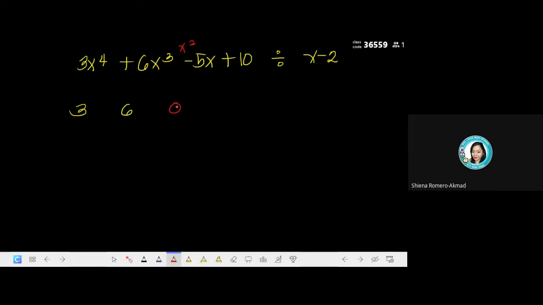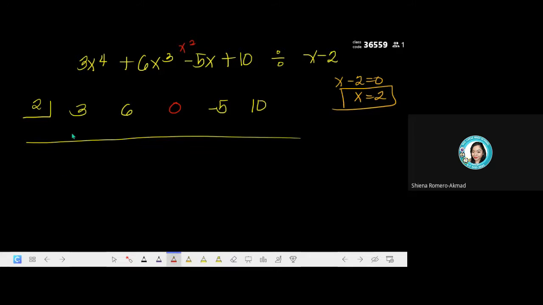So we have 0. Then we have negative 5. We have 10. And we will divide that to the value of x. So the value of x, we have x minus 2 equals 0. X is equal to 2. Ang gamitin natin dito ay 2.